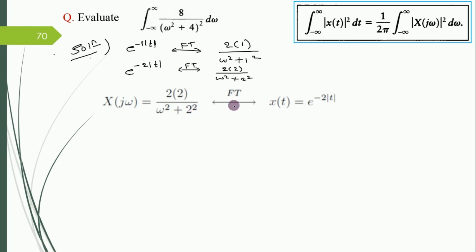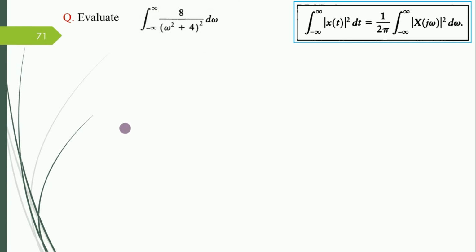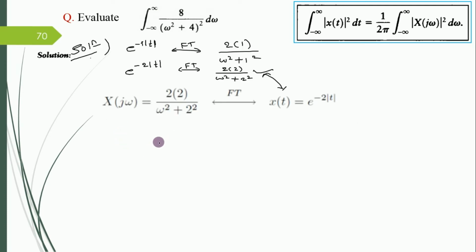I'll show it later. Its FT pair is e raised to minus 2 mod t, so I could link it. Why did I write it as X of j omega? Let me write it here: integration from minus infinity to plus infinity of 8 divided by omega square plus 4 whole square d omega.